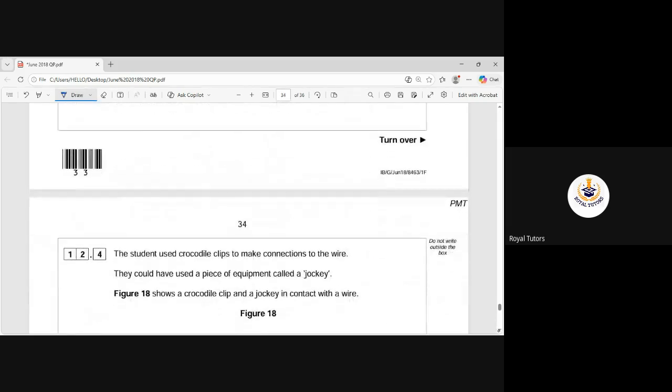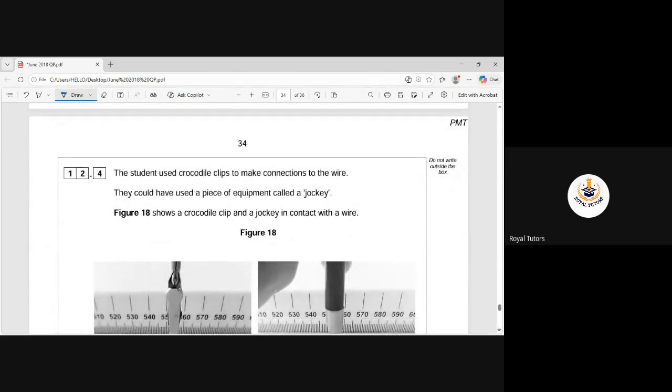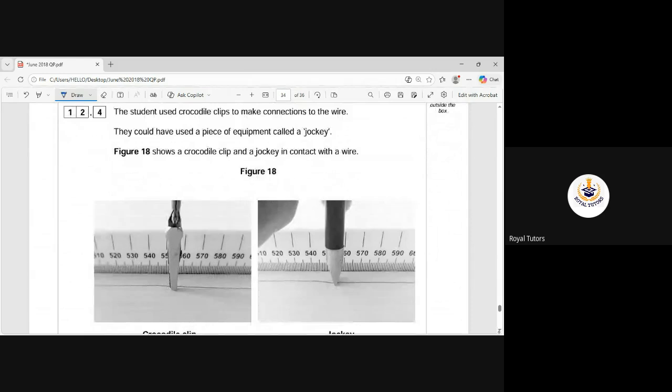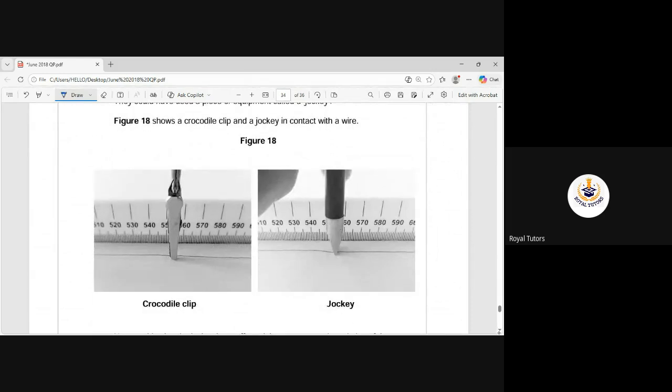The last one says the student used crocodile clips to make connections to the wire. They could have used a piece of equipment that we call a jockey. Figure 18 shows a crocodile clip and a jockey in contact with a wire. You can see the diagram right here.